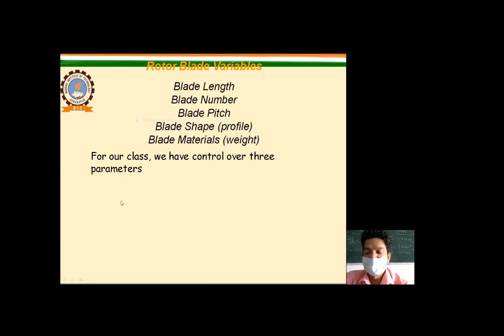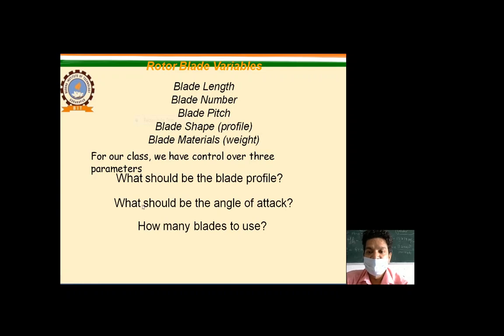Now, in this class, we have control over three parameters. We have to control only three parameters, and what are those parameters? Here the question arises for developing an efficient wind turbine.